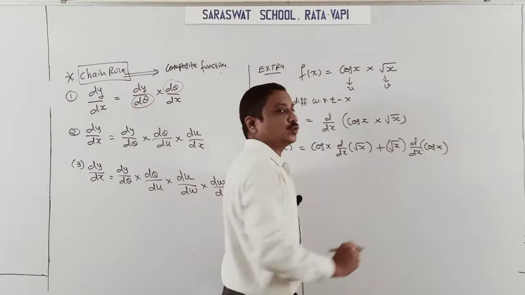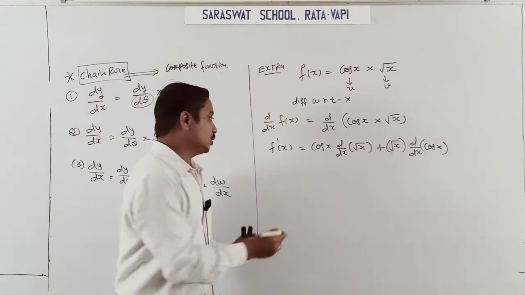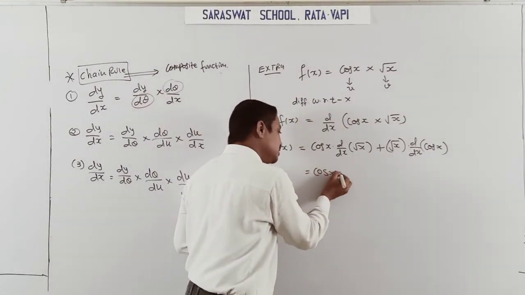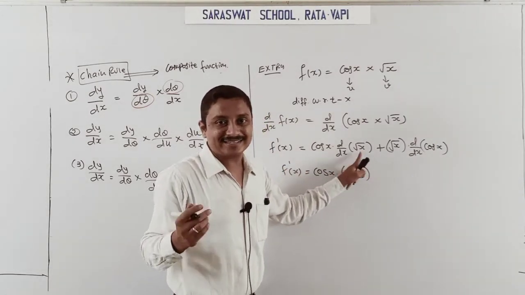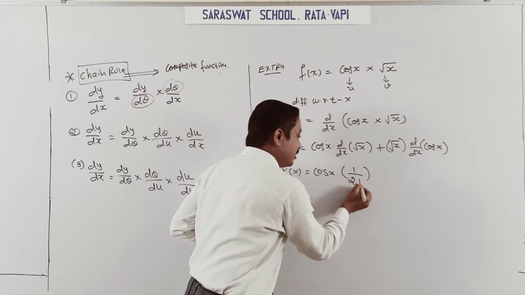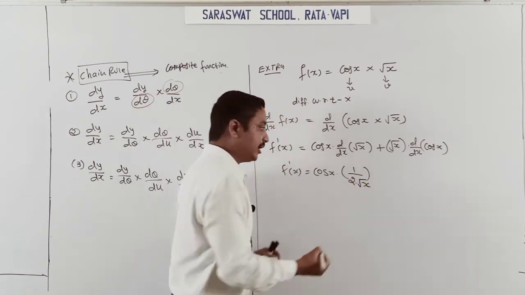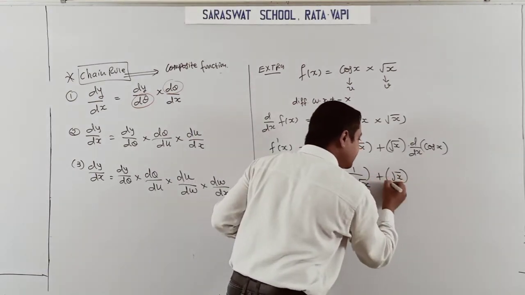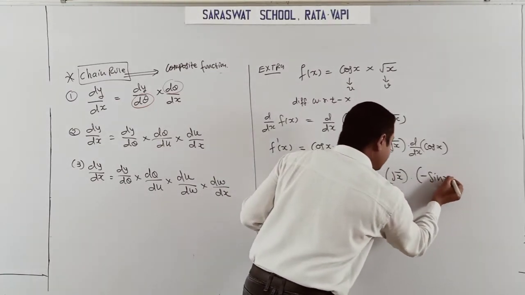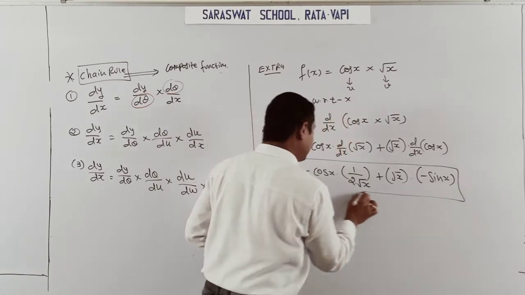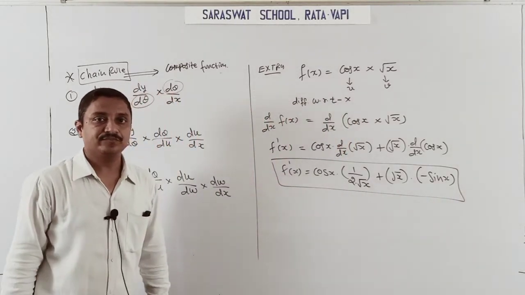These are our two simple product rule terms. So cos x. Now just remind again, what is the derivative of root x? Yes, 1 by 2 root x. And the derivative of cos x is how much? Yes, it is minus sin x. Note that this numerical is over.